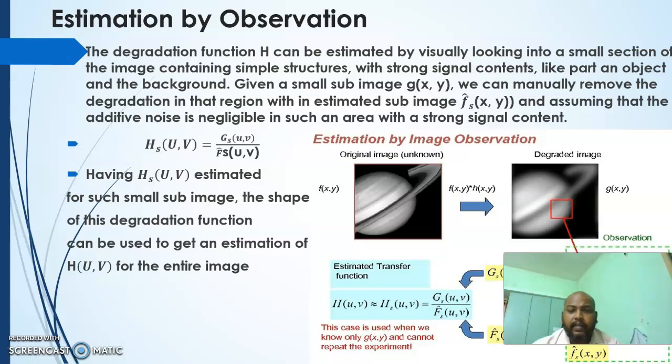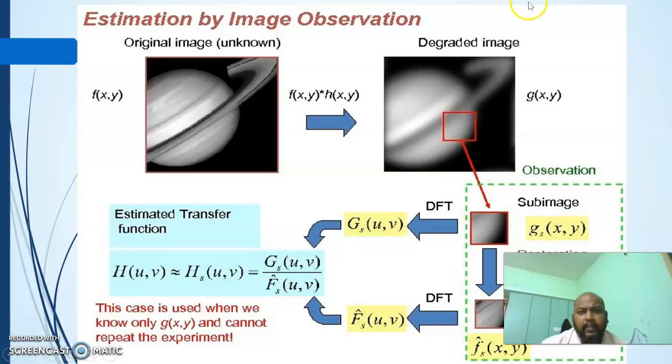When we talk about estimation by observation, here it is estimated visually by looking into a small section of the image containing simple structures. So that's the original image and the degraded image.